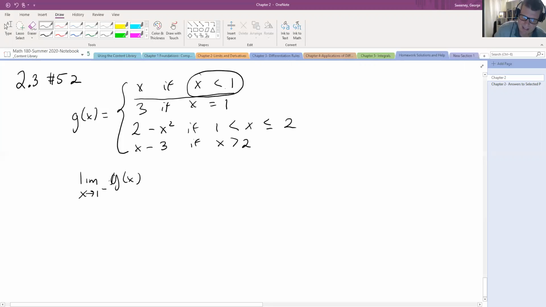So what we want to see is that we're just going to get x as x approaches from the negative side, as we approach from the negative end. So this is going to end up just being 1. That's what's going to happen, right? Because we've got that as x is less than 1.